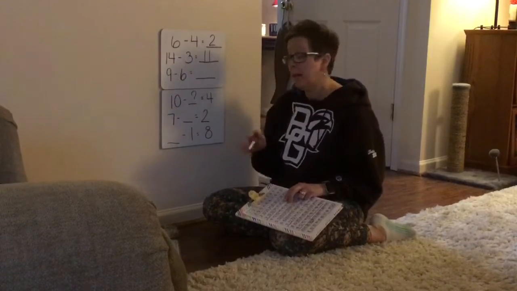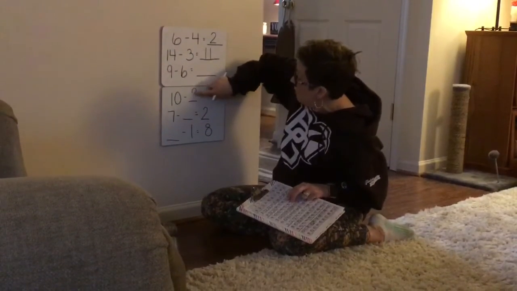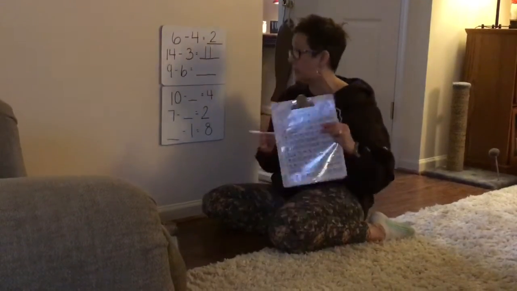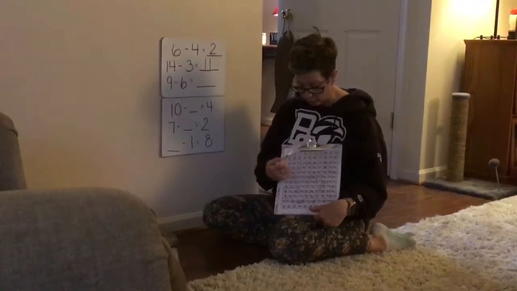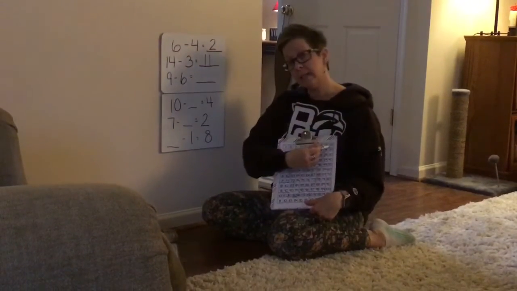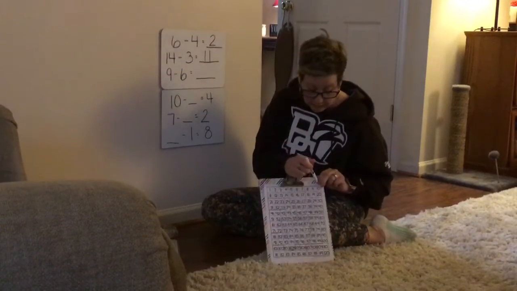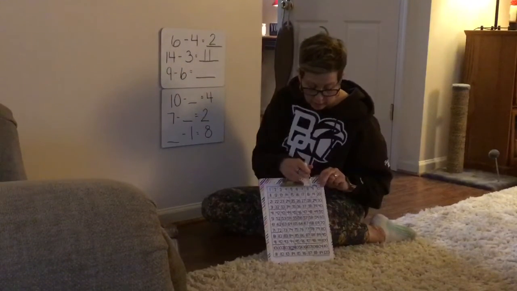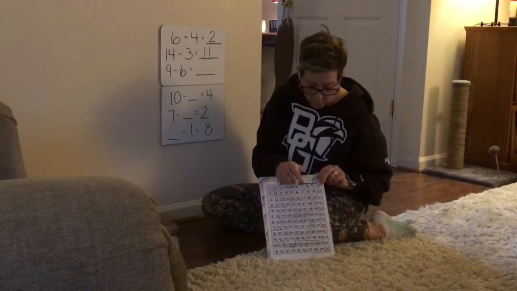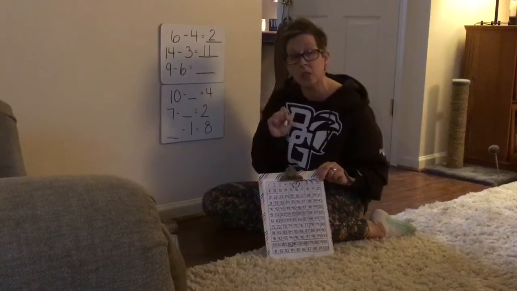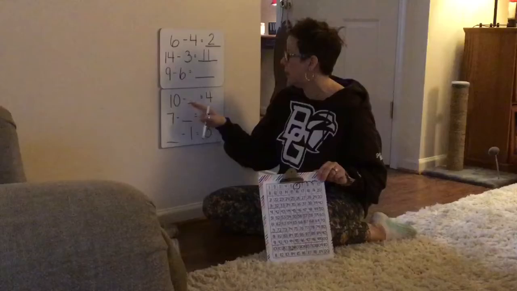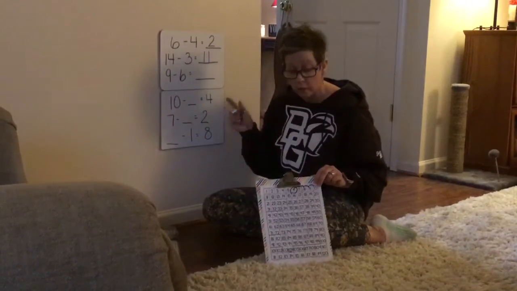And there's different ways that we can do that using our number grid. We could start at 10, and if we take away 4, 1, 2, 3, 4, we land on 6. 10 minus 6 equals 4.